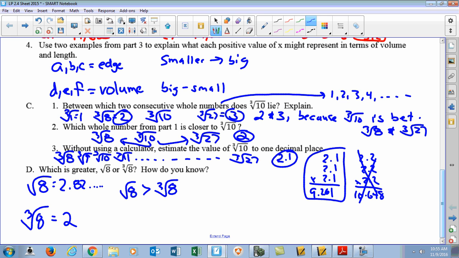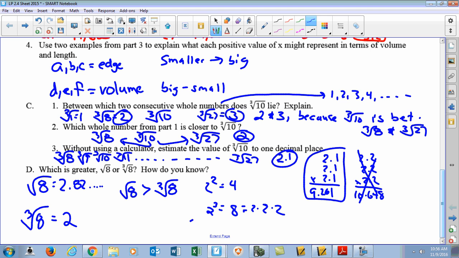If I were to flip that around and ask which is bigger, 2 squared or 2 cubed? Well, 2 cubed is 8, 2 squared is 4, because I'm cubing it an extra time. But when I take a root, that root has to be smaller because I have to multiply it 3 times.